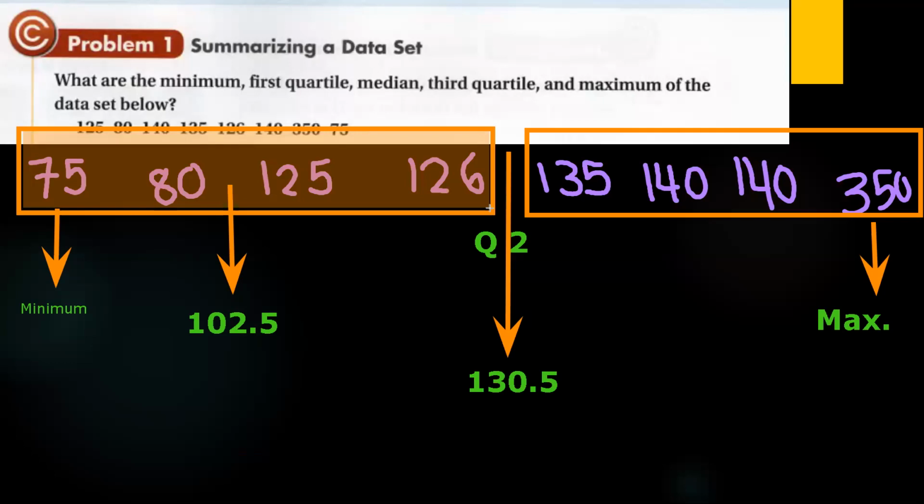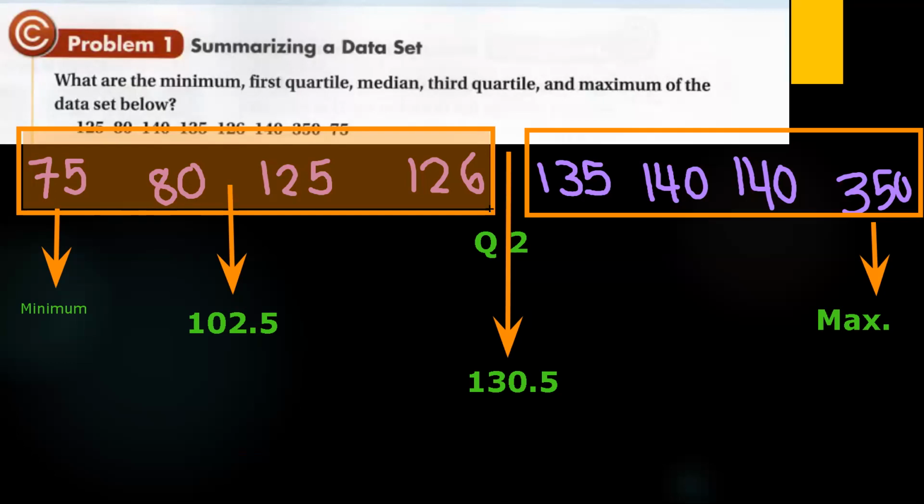I told you before that if you have an even number of data, you have to find a point that is between the two middle numbers. If they are even, find the mean between the two middle numbers.